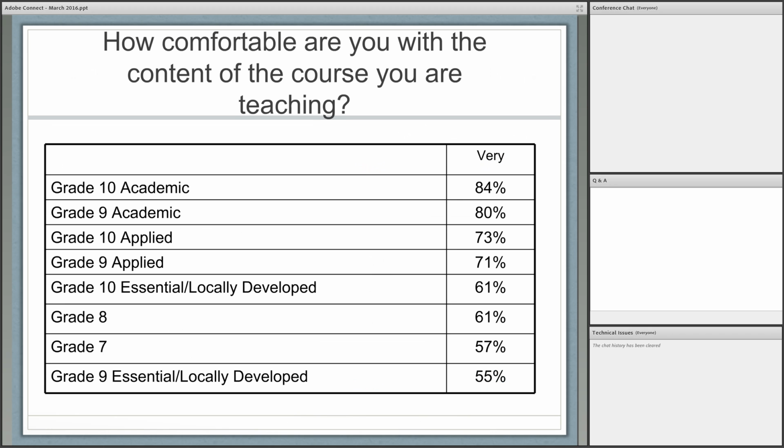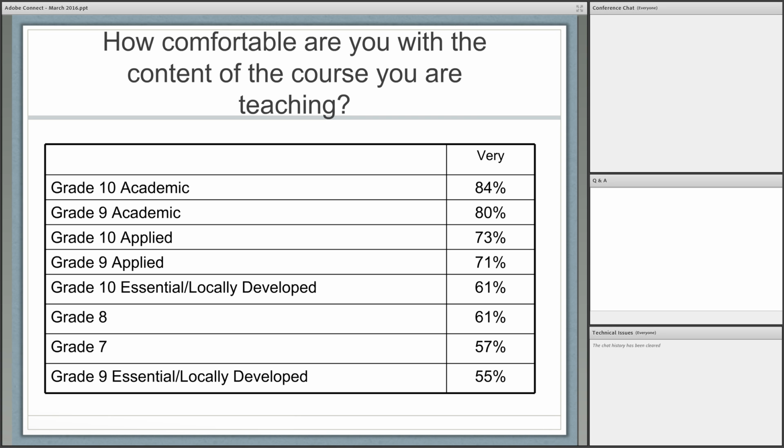The other thing we saw in this data, again looking only at grade 7 to 10 teachers, was that those most comfortable with the content of the course tended to be teaching the academic courses in grade 9 and 10, and those least comfortable were around grade 7 and 8, or perhaps the teachers put in to teach the grade 9 essential. Again, this is not a blame game. It is not their fault that they don't have this content knowledge. Again, it's the way that they were taught.